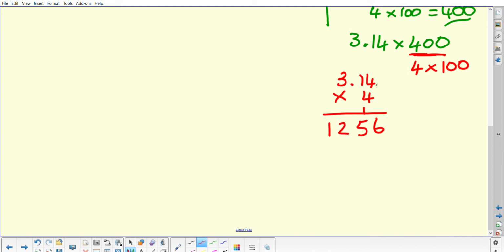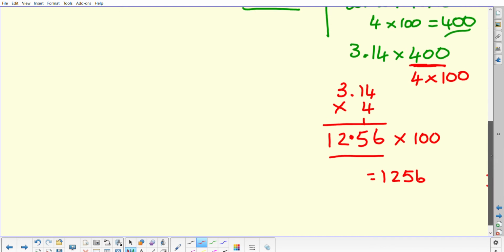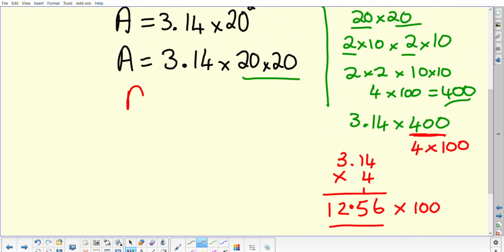You've got 2 digits after the point, so you need 2 after the point in your answer. So 12.56, but then we've still to multiply by 400. We've only multiplied by 4, so we still need to times by 100. 12.56 times 100. All the digits are moving 2 places to the left. So your answer would be 1256. And we're going to put that back up here.